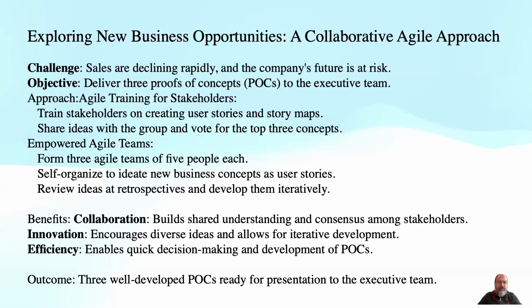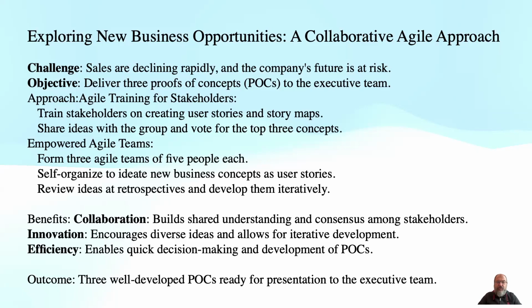Given the diverse perspectives of the 15 project team members, who are stakeholders from across the organization chosen for their independent thinking, the project manager has decided to adopt an agile approach. This approach emphasizes collaboration, iteration, and quick decision making, making it ideal for a situation where different viewpoints need to be considered.